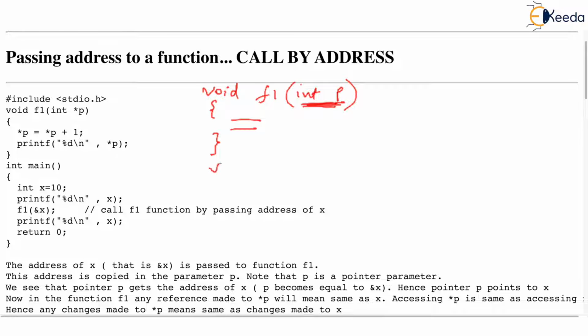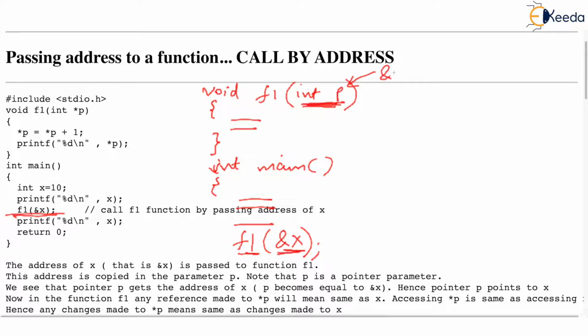And in main, let's say I attempt to call the function f1 by passing address of x, just as I did here. Now you see I am calling the function by passing some address. My intention is that the address should be received by the parameter, but this is wrong.